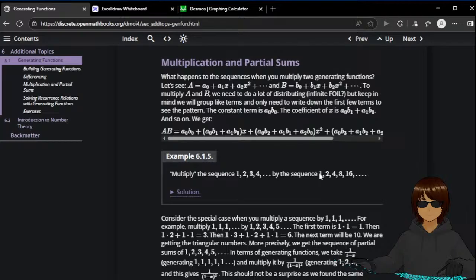So 1 times 1, and then 1 times 2 plus 2 times 1, and then 3 times 1 plus 2 times 2 plus 1 times 4, and then 4 times 1 plus 3 times 4.